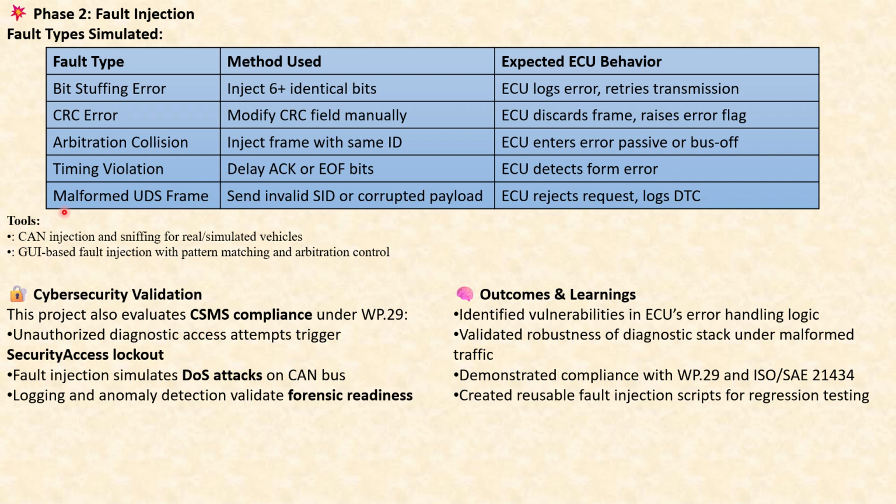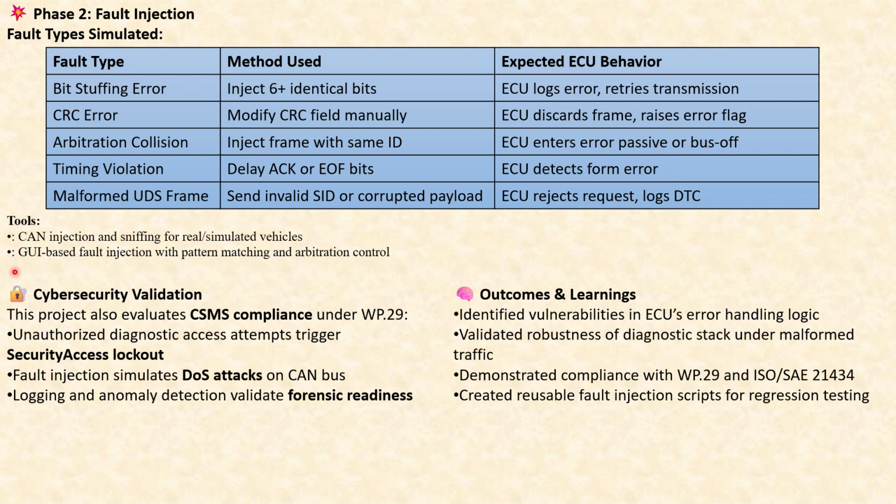And talking about the malformed UDS frame, send an invalid SID or corrupted payload. The expected ECU behavior is that the ECU rejects the request and logs a DTC. So whenever a malformed UDS frame is injected, it rejects the request and logs the DTC.